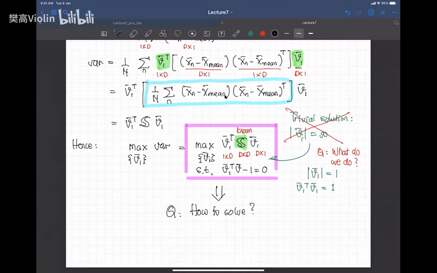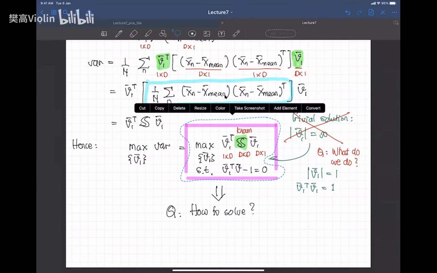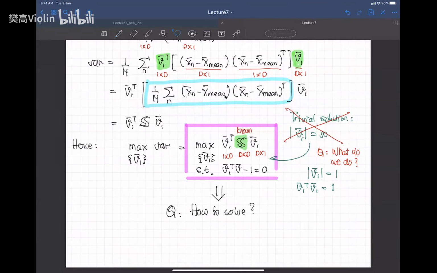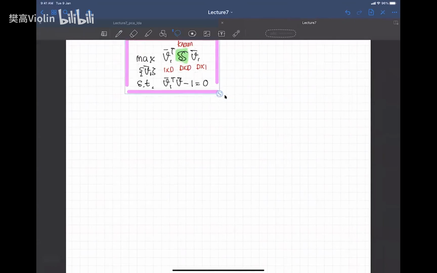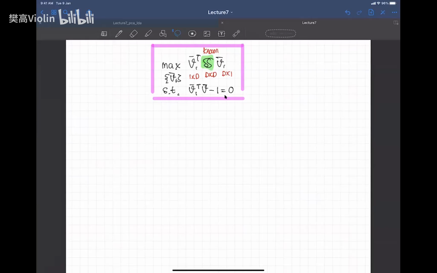Okay, so now let's look at the solution of this. The solution is based on, as some of you already mentioned, using a Lagrangian multiplier.